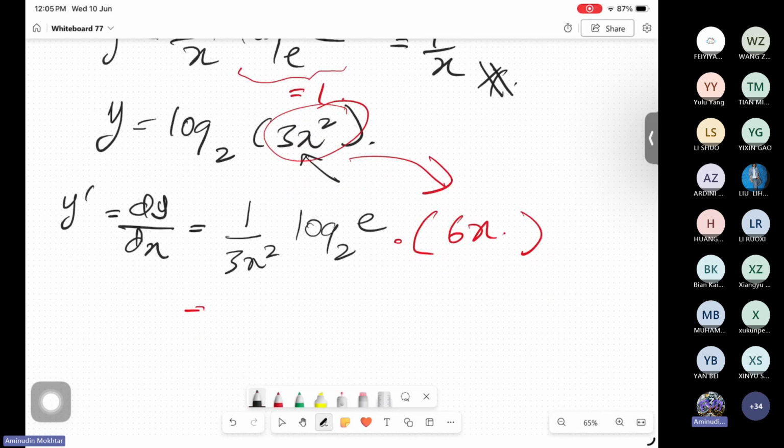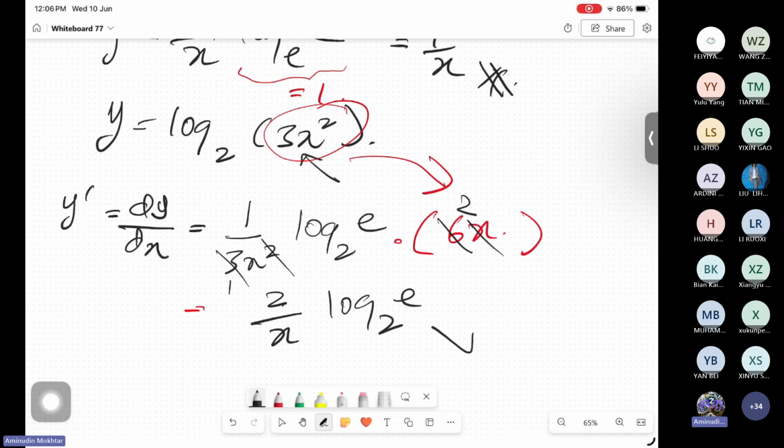This equals 3 times 1, 3 times 2, we can delete the common factors and cancel an x. So this is equal to 2 over x times log 2e. Okay, that is the correct answer.